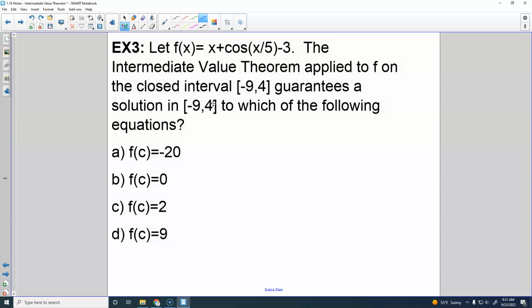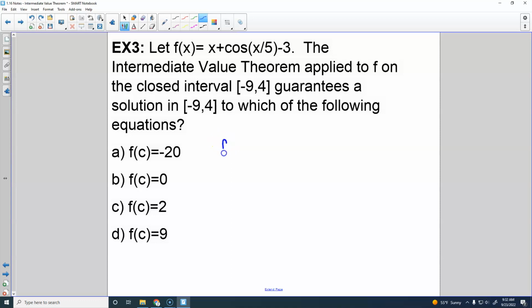Pretty sure, was this calculator active? There's a chance it's not. If it's calculator active, you just plug these values into the calculator, right? Let's look, just in case it was calculator inactive, I can't really remember right now.